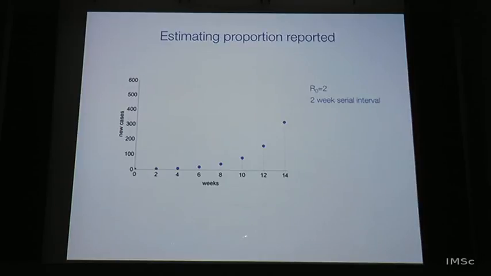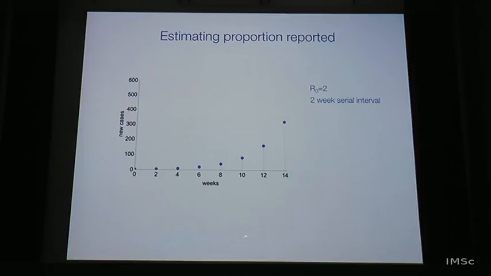So let's say you want to estimate the proportion reported. That was at the beginning of the Ebola outbreak. You had this kind of censored data. You don't have the decrease here. And you want to estimate: you have a reproduction number equal to 2 and a 2-week serial interval.